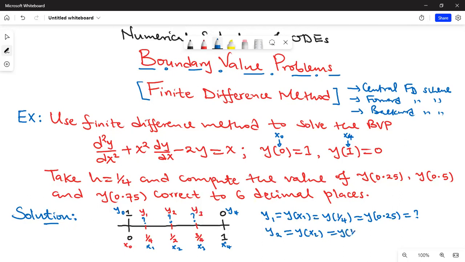That's y at 1 over 2, which is 0.5. Y of 0.5, we'll find that. And we'll also need to know what is y3, which is y at x3. And our x3 is 3 over 4, which is the same as 0.75.